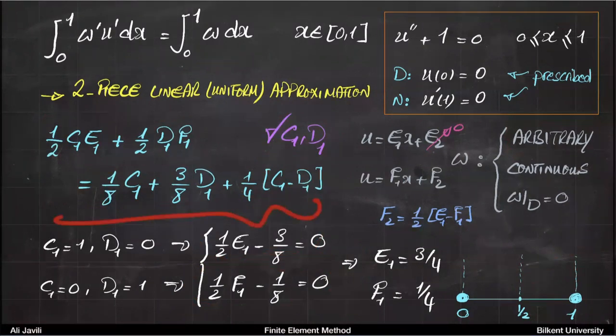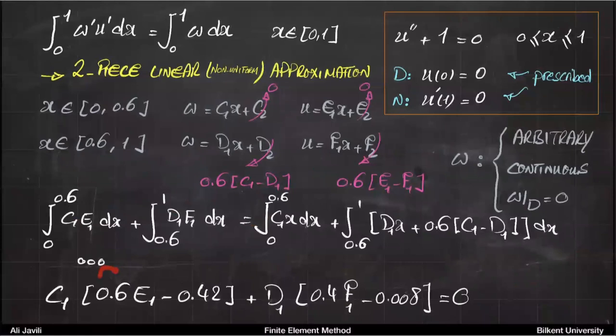So here I didn't order the terms nicely so that we didn't see them as coefficients, but here you can see those terms, they are basically the coefficients of C1 and D1. So again, because these are arbitrary, each of these must be 0, or otherwise you can imagine that this is 0, this is 1, so this has to be 0 then, something like that. All right, so that's all you have to do basically.